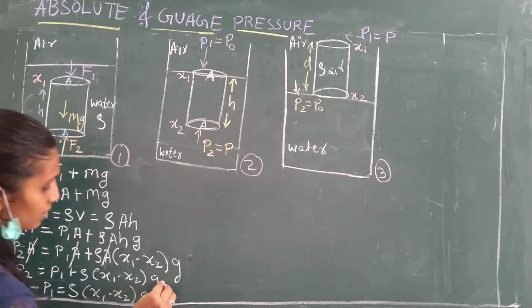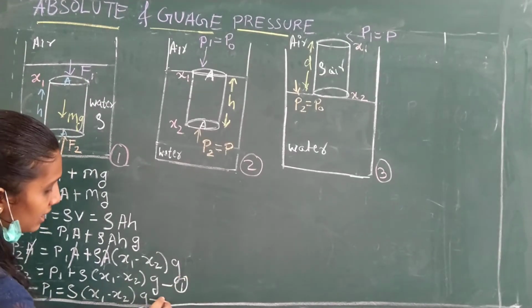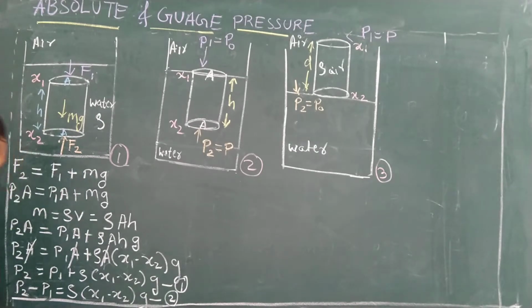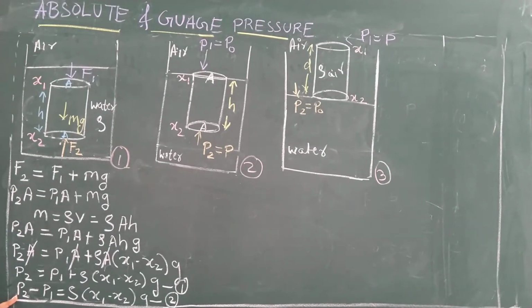If I say this is my equation number 1 and this as equation number 2, so here this is nothing but the pressure difference. This pressure difference is nothing but rho (x1 minus x2), which is nothing but the height, into g.